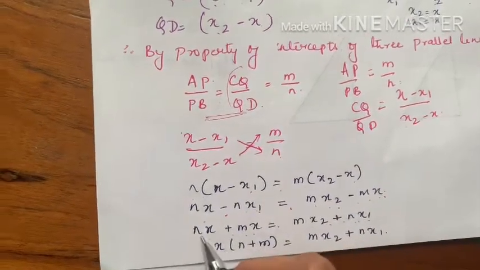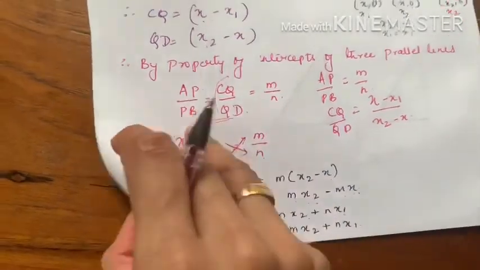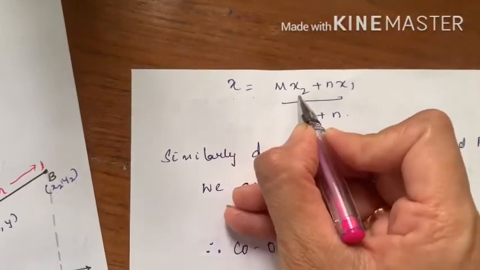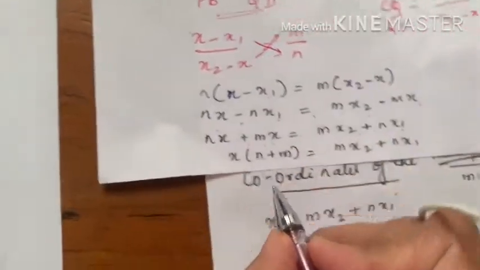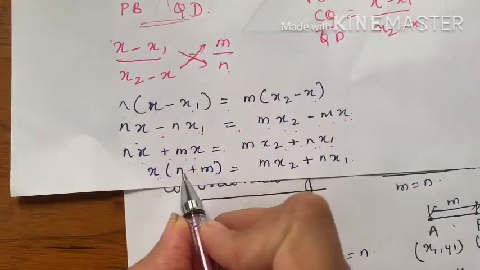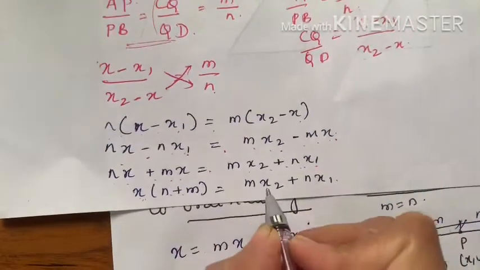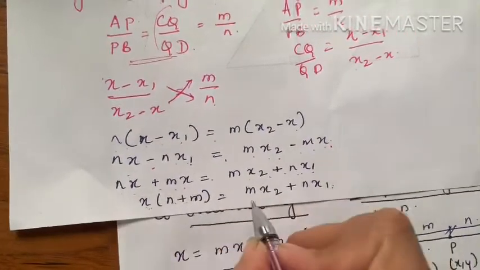I am taking x common here, so x times m plus n is equal to mx2 plus nx1.